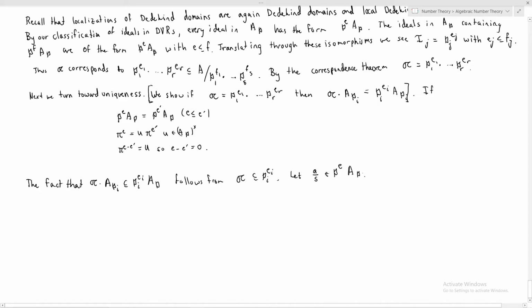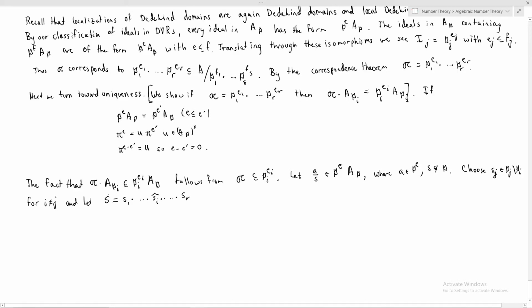Here A is in P to the E, and S is not in P. So since all these prime ideals are distinct, we can choose Sj in Pj that kicks out Pi for i not equal to j, and we're going to let capital S be the product of all these guys, where I obviously don't include Si because I haven't even defined it.